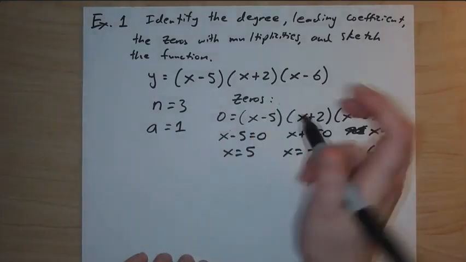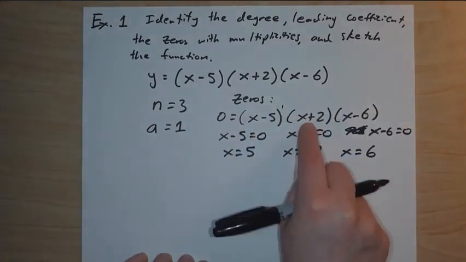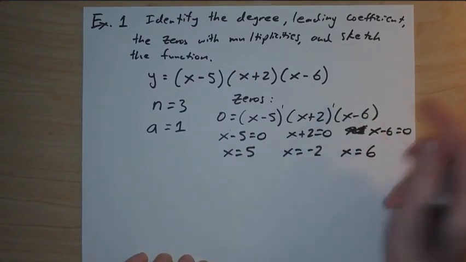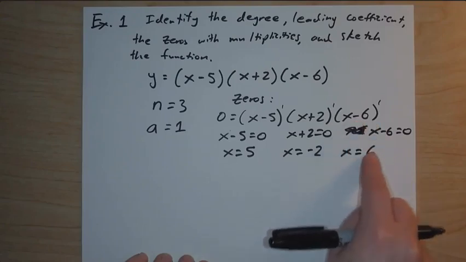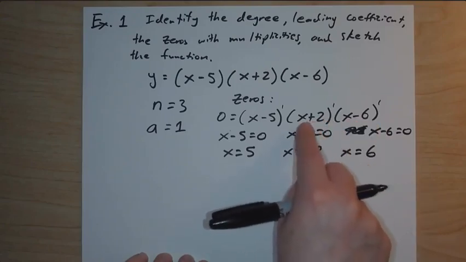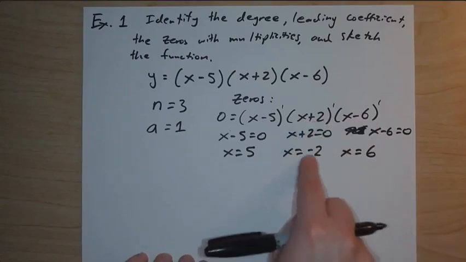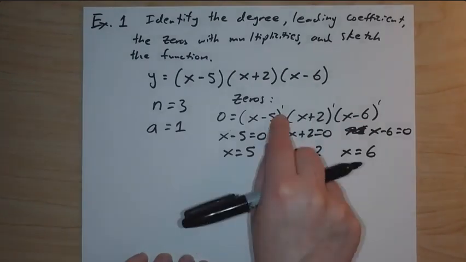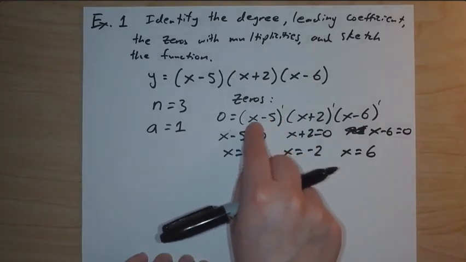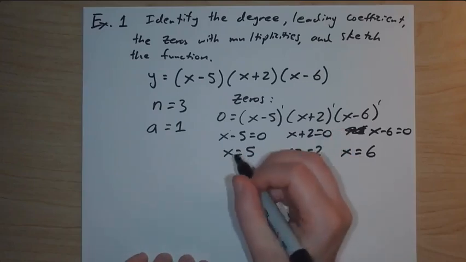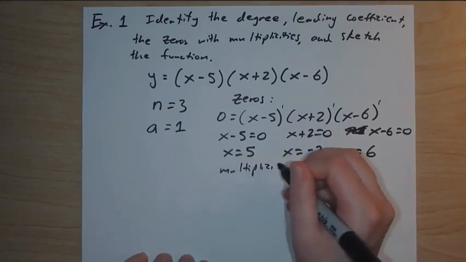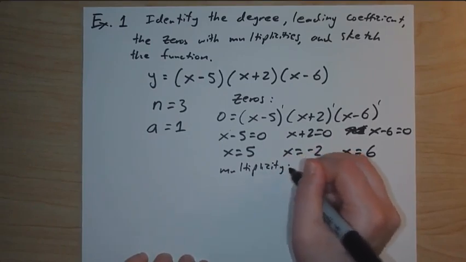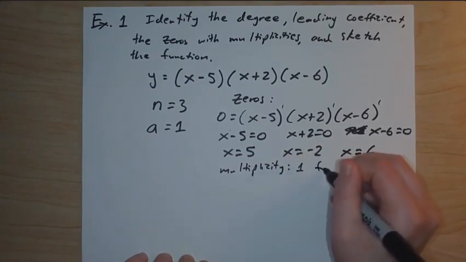Here we have each zero once. If there was a 2 here, then the multiplicity would be 2 for 6. If there was a 3 here, then the multiplicity would be 3 for negative 2, and so on. However, they're just multiplied one time, so the multiplicity is just 1 for all.